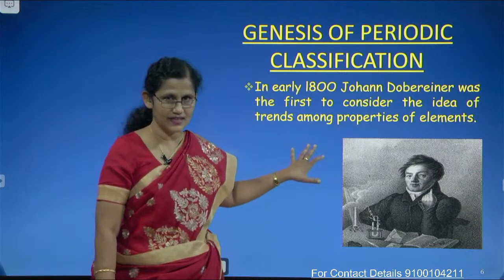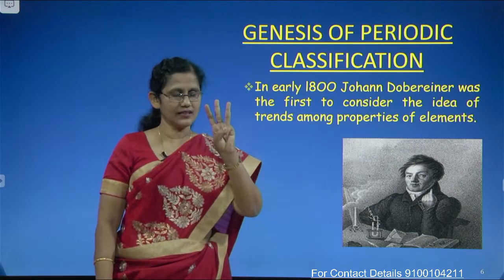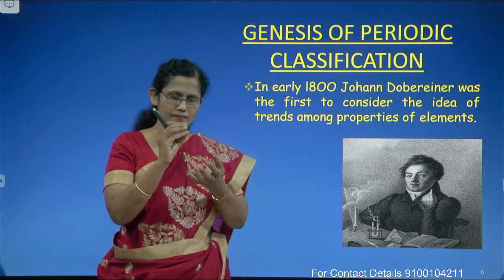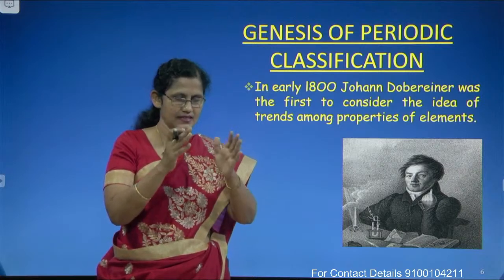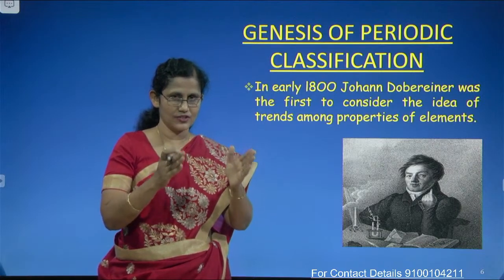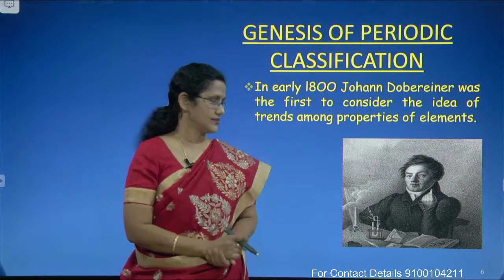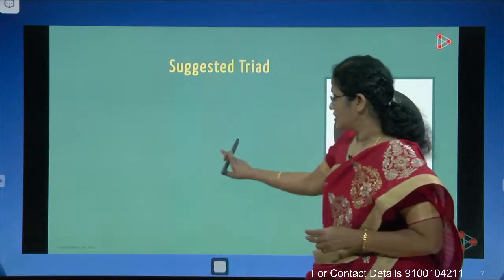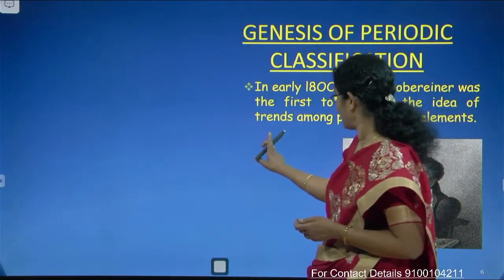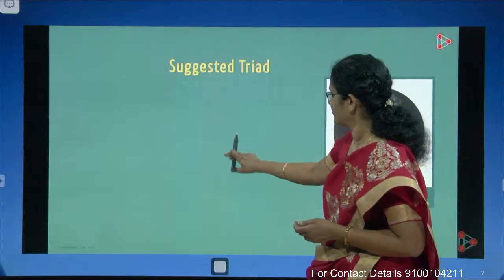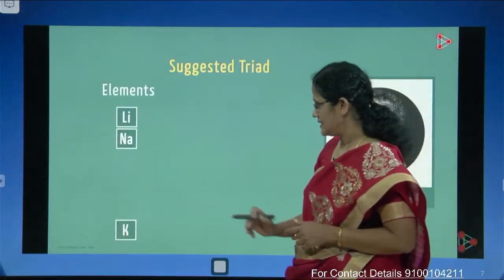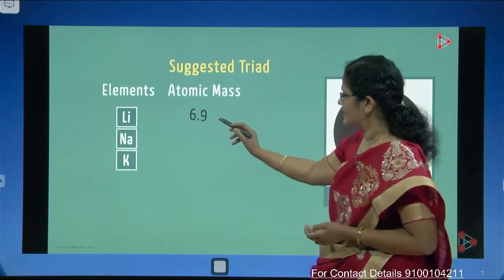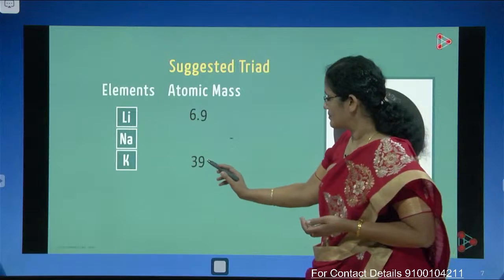What is Dobereiner's classification? He took 3 elements as a triad. He found that the atomic weight of the middle element is the average of the atomic weights of the first and third element. See here, this is one example we are taking. Lithium and potassium are the terminal elements, with atomic masses 6.9, close to 7, and potassium 39.